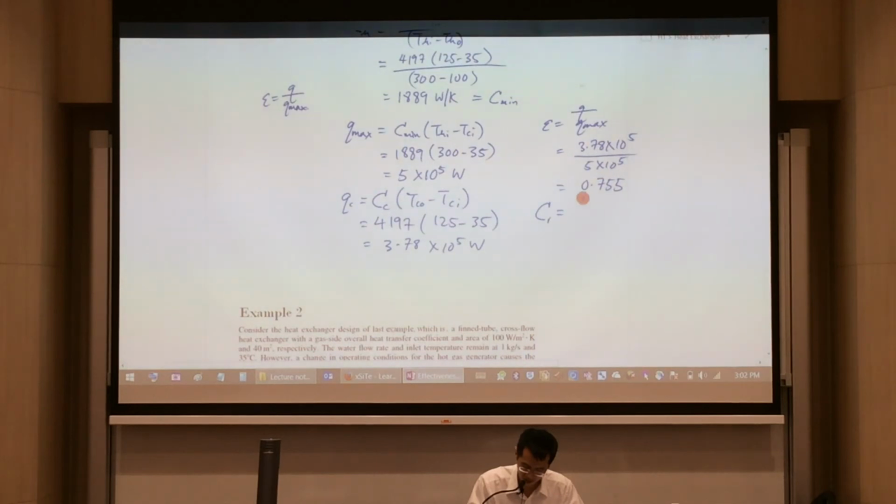So we know that CR is equal to C min divided by C max. This kind of equation is not provided, right? Because it's super easy. C min divided by C max. So that's equal to 188.9 divided by 4197. You get that number as 0.45.